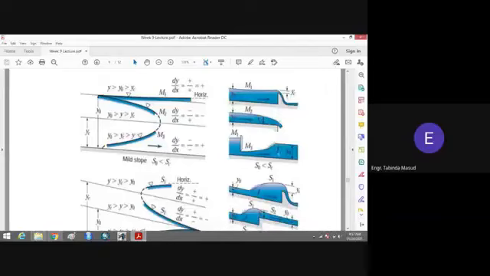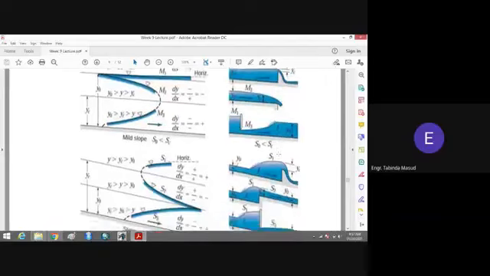And the third example: if you have a sluice gate on a mild slope, then what will happen? The sluice gate also acts as an obstruction in a channel. First of all, the depth of the flow will increase behind the sluice, and you will get the M1 curve like this, where the depth of the flow increases.